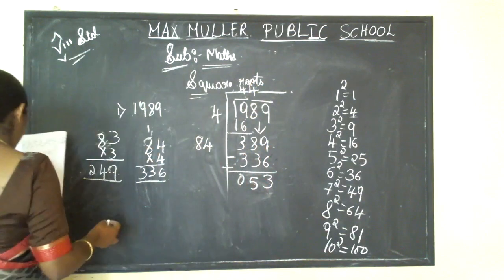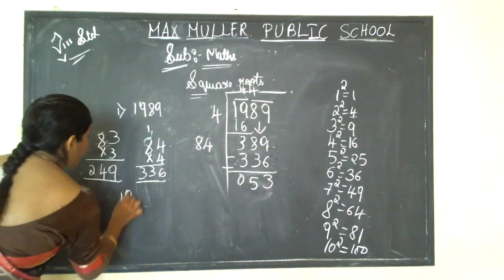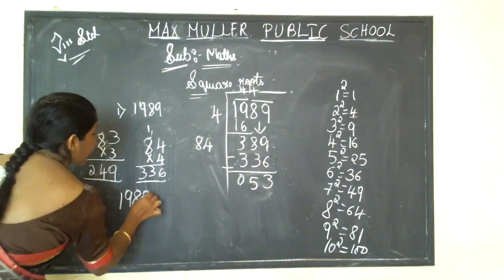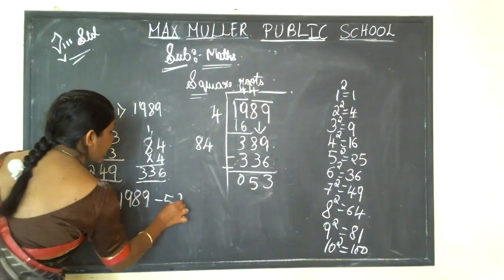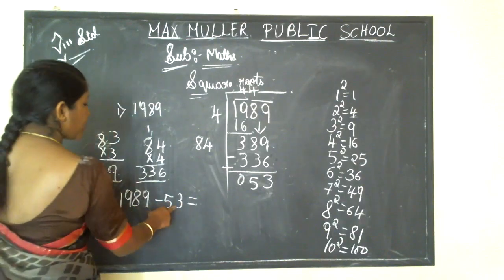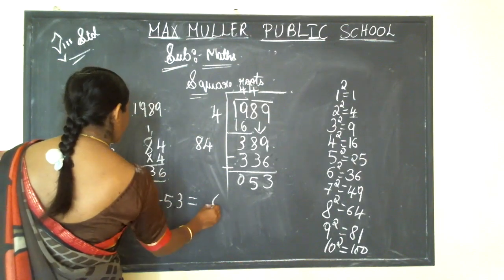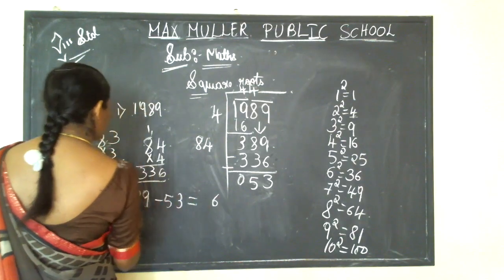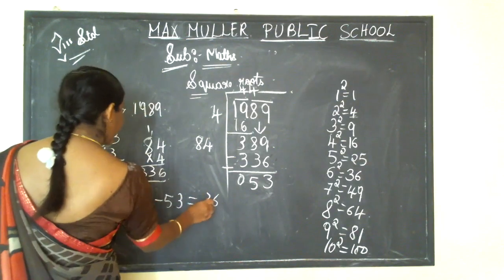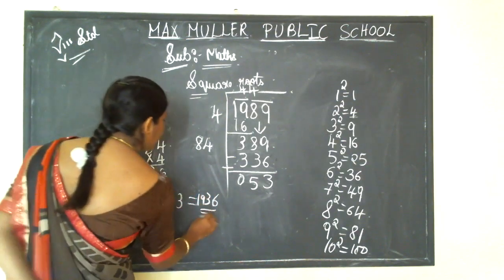Okay. For the number, what do you have to do now? 1989 minus 53. You have to do minus 53. So 9 minus 3 is how much here again? 6. 8 minus 5, 3. 19. 1936 you will get.